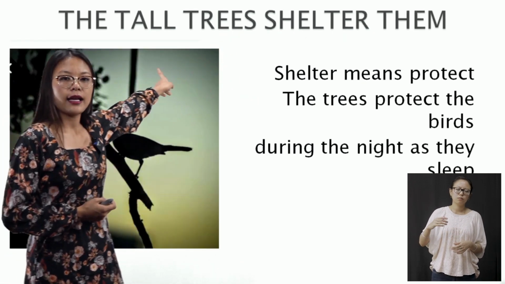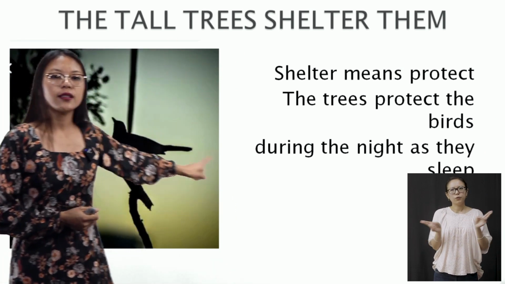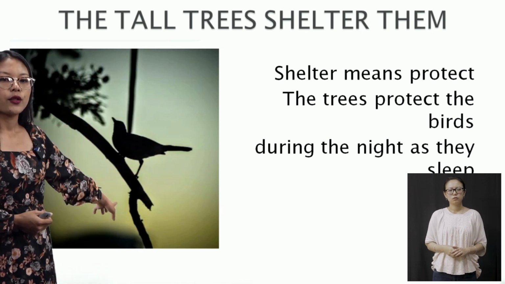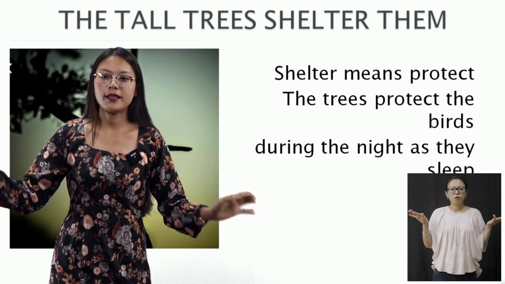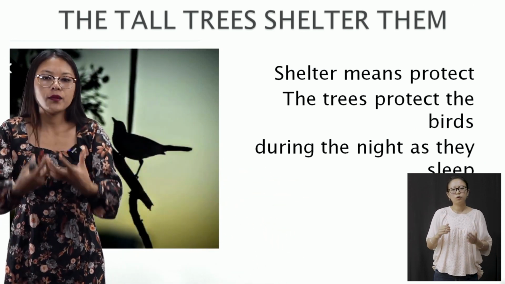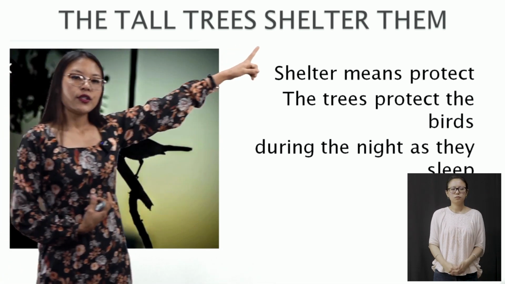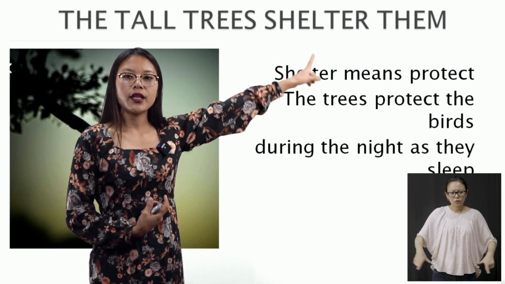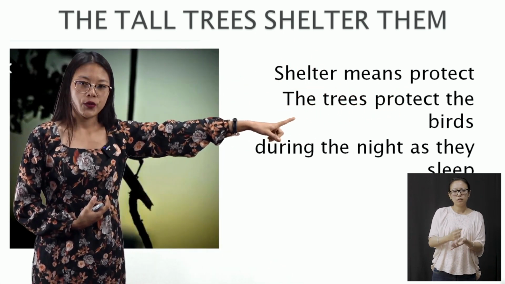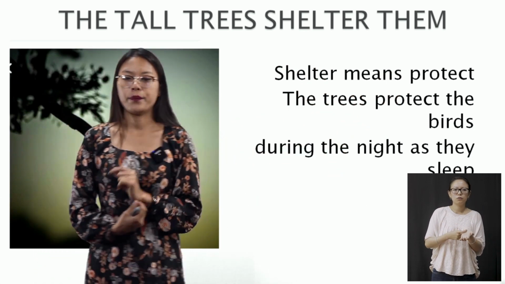Now the next line, the tall trees shelter them. Who shelters these little birds? The tall trees, right? The trees have many small and big branches that help the birds take rest during the night. Shelter means protect, to give protection. The trees protect the birds during the night as they sleep.